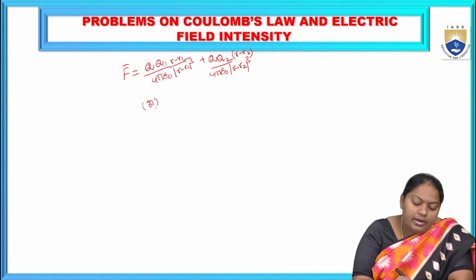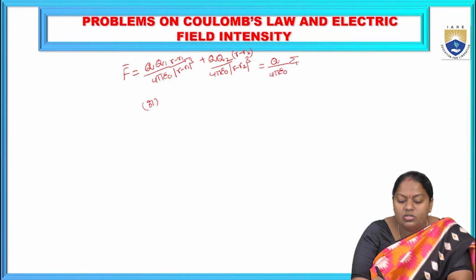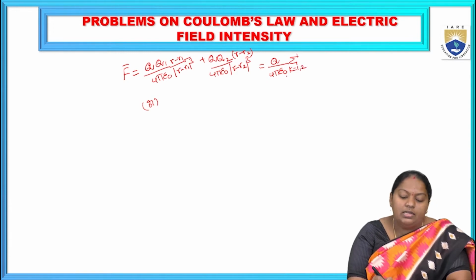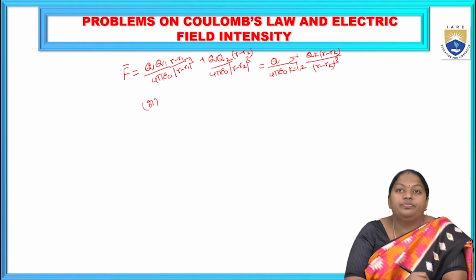Or we can write it approximately as Q by 4 pi epsilon naught as common, then summation of K equal to 1, 2. Why? Because two charges are given, hence K ranges from 1 to 2, and it is represented by Qk into (R minus Rk) by modulus of (R minus Rk) whole cube, right?